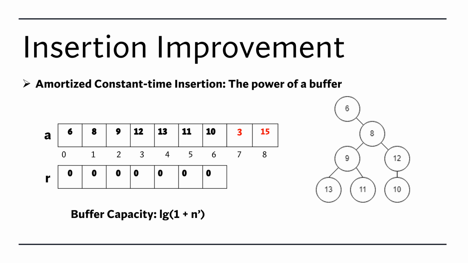The reason the size of the buffer is just 2 is that the buffer is never larger than log(1 plus n prime). So n prime here is 7 and log 8 is 2.